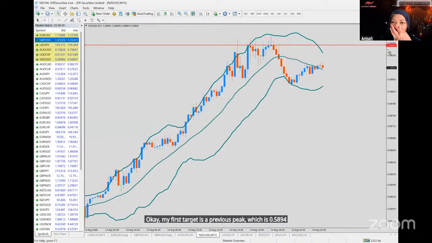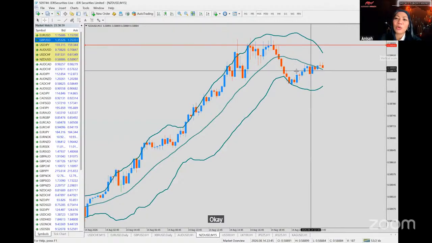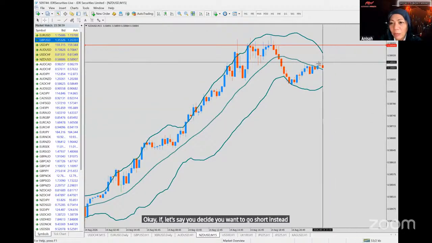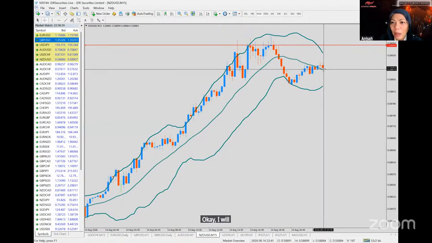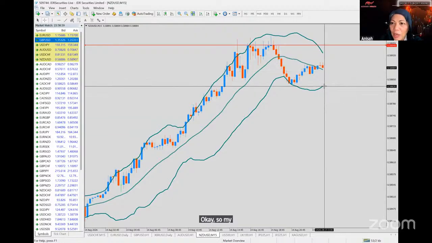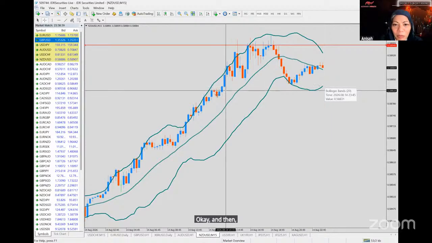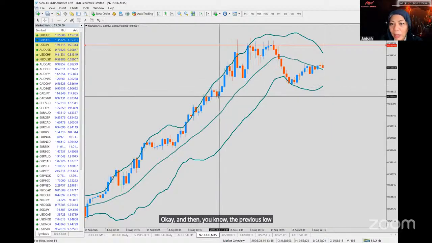My first target is the previous peak, which is 0.58949. If you decide you want to go short instead, I will enter if the price closes below 0.58877. My first TP is the lower BB, which is 0.58831, and then the previous low below that is 0.58800.